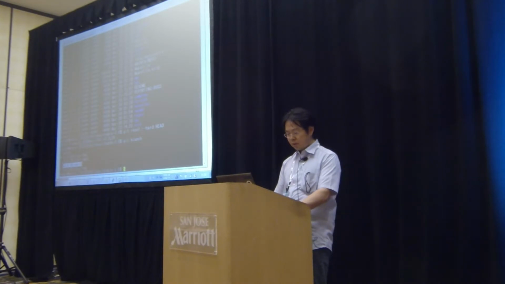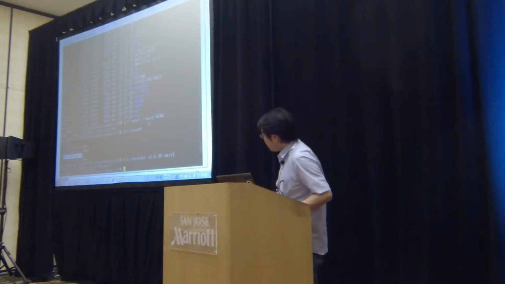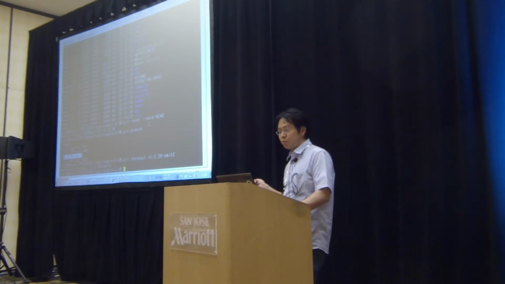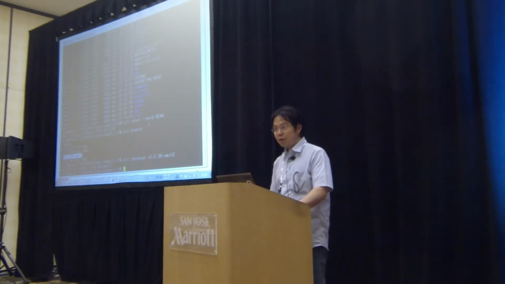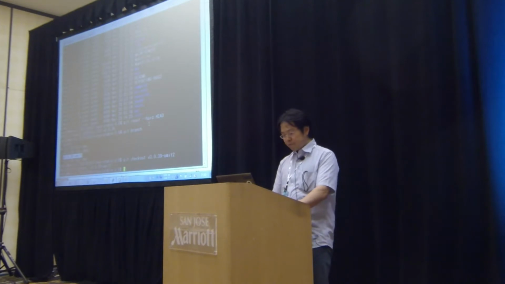Then merge it with the LTSI tree and git checkout. And yeah, I have already created the modified version 3.0.39 LTSI. This tree does not include power management stuff and also the related stuff.